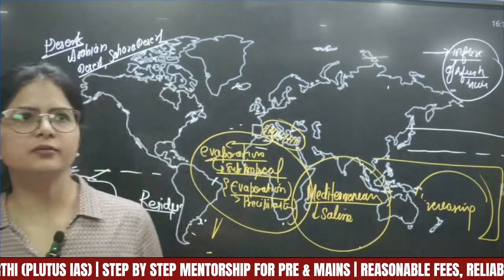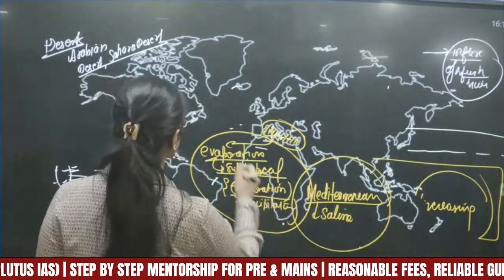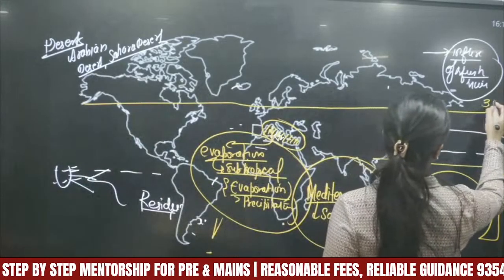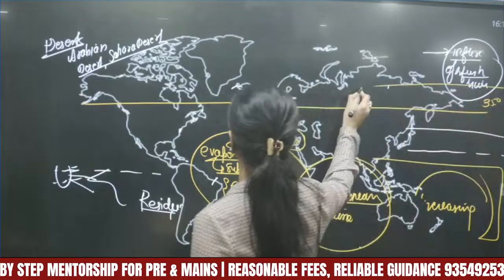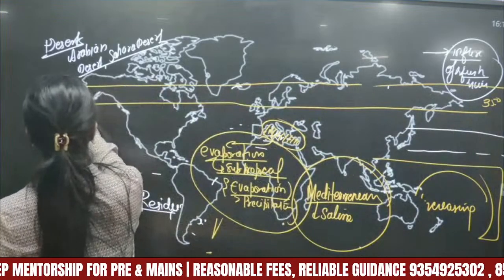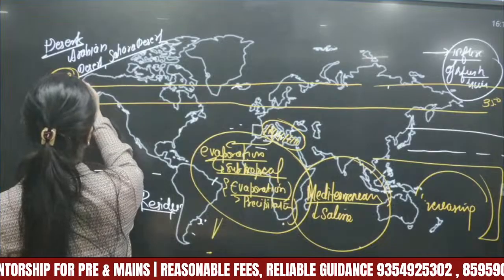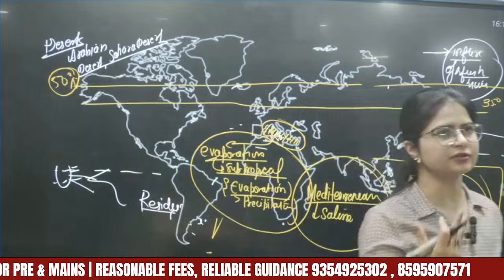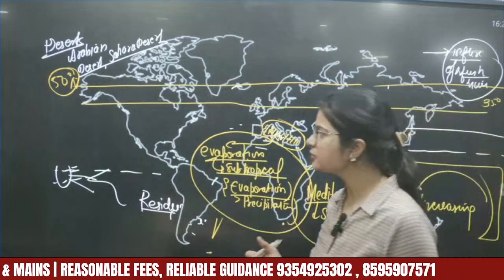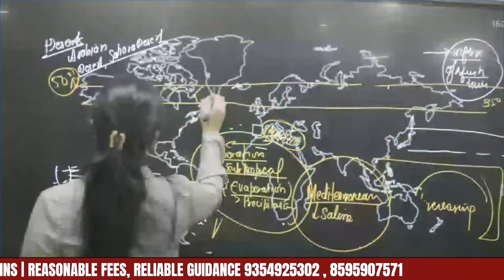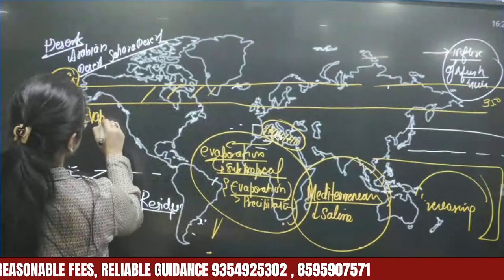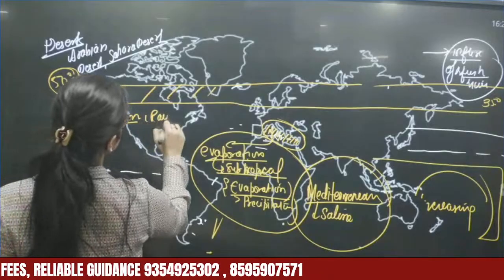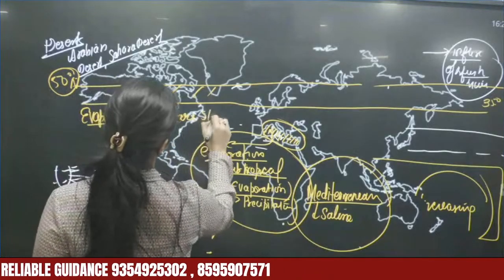Now going further, we will come to the mid latitudes. What is the scenario here? As you go further up, the salinity tends to decrease. Reason? Because in this area, the evaporation is less. Why? Because the rays coming over here are slanting.